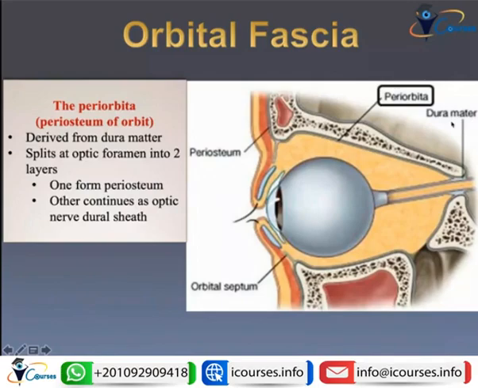This periosteum is derived mainly from the dura mater, meaning that the dura mater covers the optic nerve, and until it reaches the apex of the orbit, it is divided into two layers. One layer will cover the optic nerve, and the other layer will line the bones of the orbit, and they are called the periosteum of the orbit. So one of the main contents of the orbital fascia is the periorbita. And where is the periorbita derived from? It is derived from the dura mater.